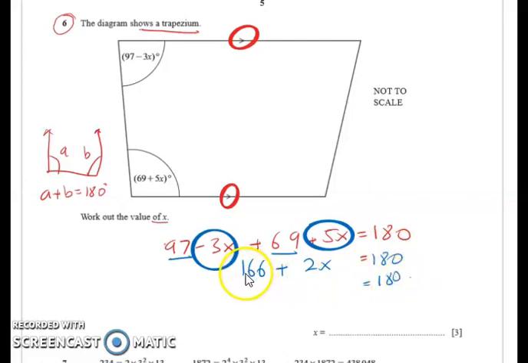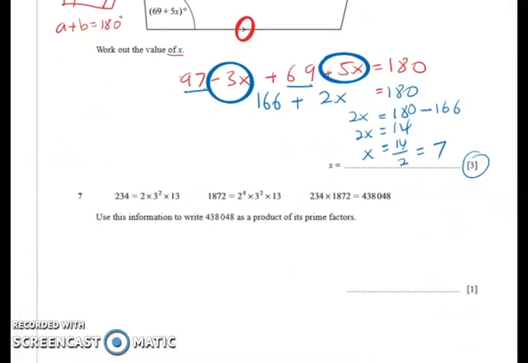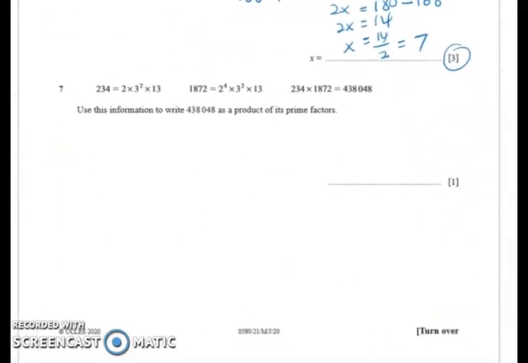We move the 166 to the opposite side, so 180 minus 166 is 14. Here's 2x, and the 2 moves to the opposite side and becomes divide, so 14 divided by 2, you got your x answer as 7. That's your 3 marks here. Okay, this is for question number 6. We move on with question number 7.